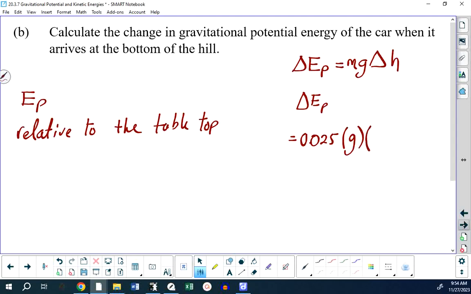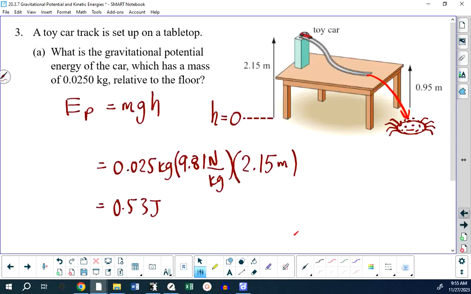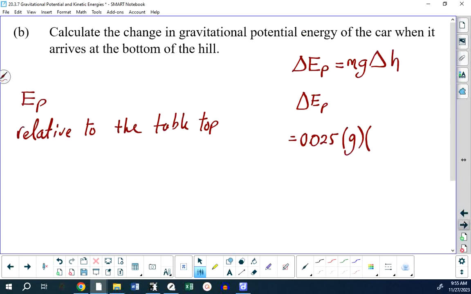I can put here 0.95 minus 2.15 because it's final height minus initial height. The final height above the floor will be 0.95. The initial height is 2.15. So I can put in here 0.95 minus 2.15.